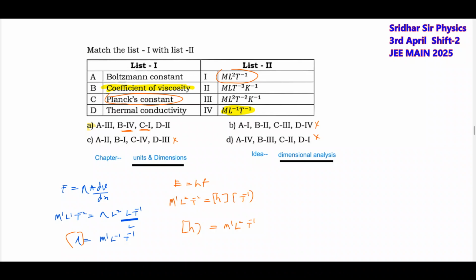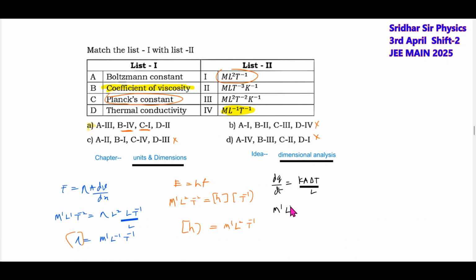Okay, I'll explain it. Thermal conductivity: dQ by dt is equal to K A delta T by L. This is like energy, similar to energy, so this is power.